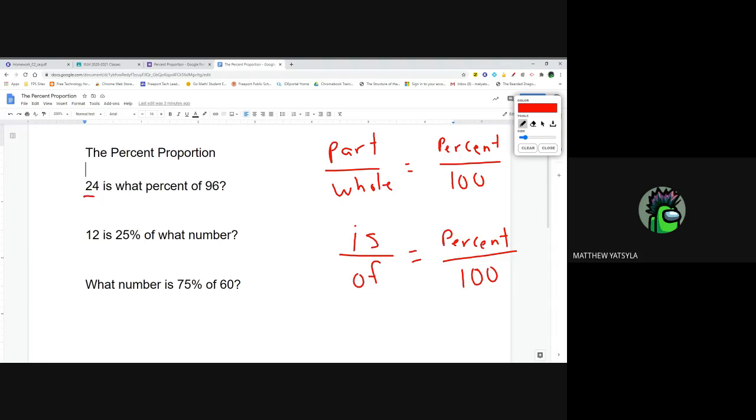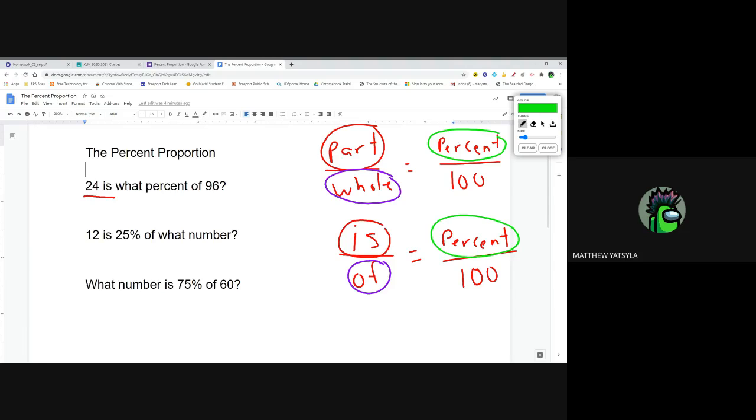24 is. Okay, so let's color code this even. So we're going to do is and part in red. Let's do whole and of in purple. And then let's do our percents in green. All right, so we have 24 is.